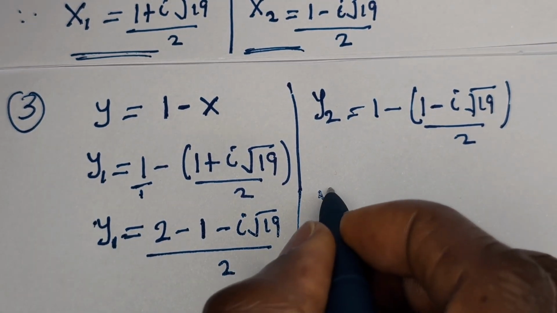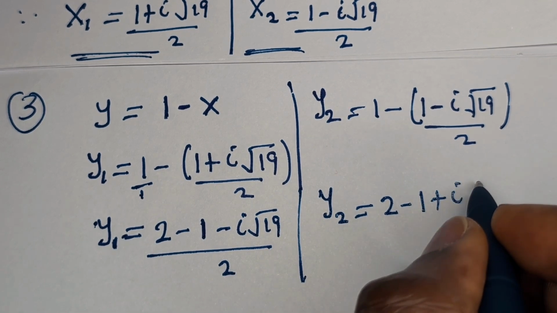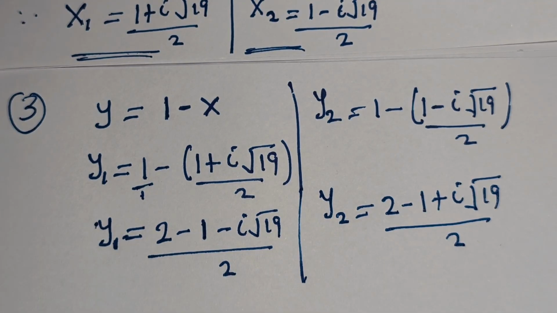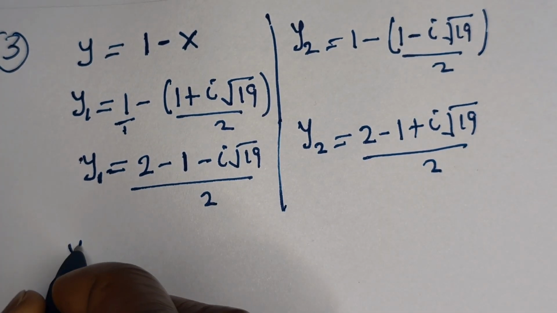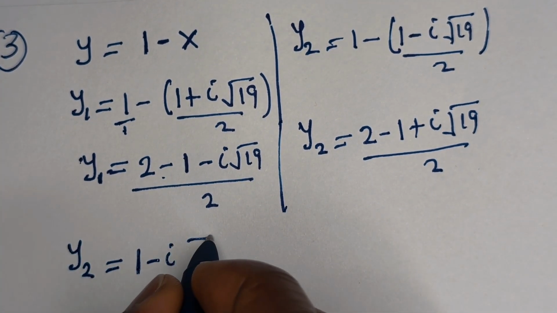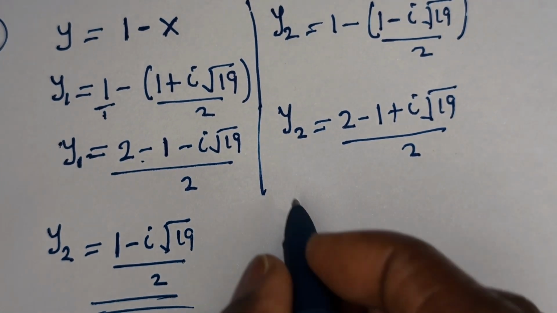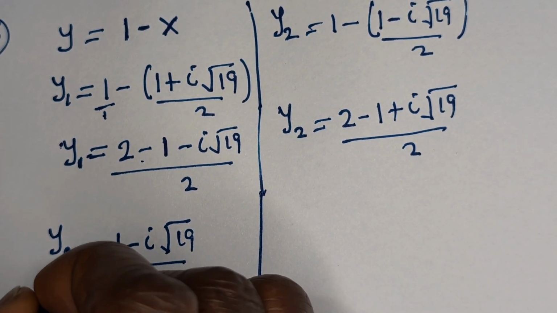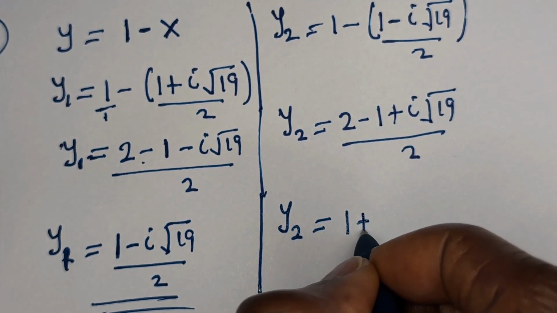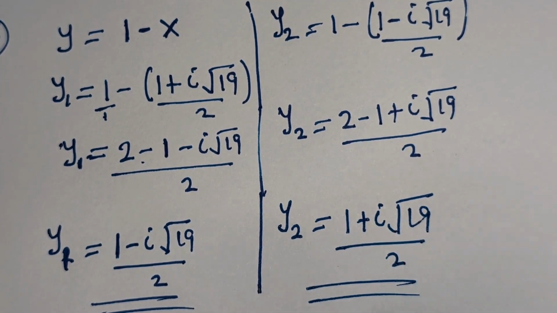And here y2 is equal to 2 minus 1 plus i root 19 over 2. y2 is equal to 2 minus 1, this is 1 minus i root 19 over 2. This is the value of y1, and y2 is equal to 1 plus i root 19 over 2. This is the value of y2.